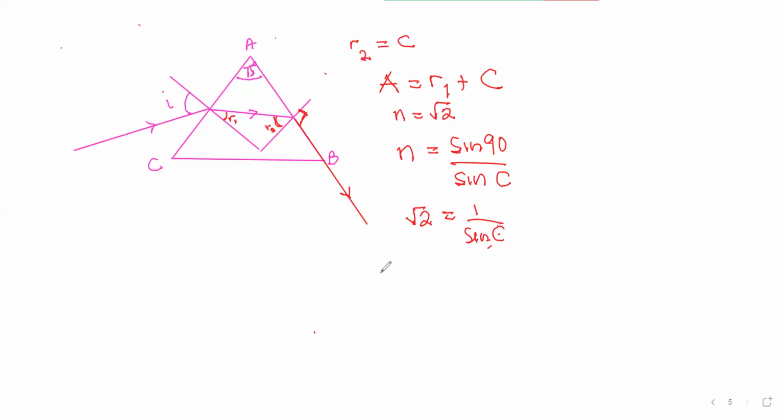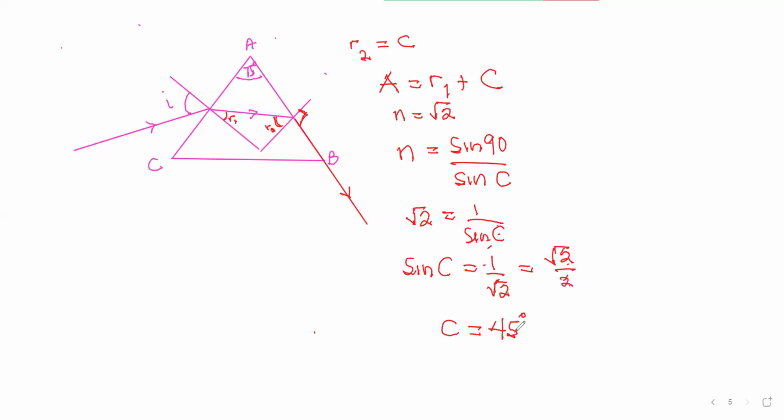So help me find C. Help me find the value of C. So sine C is equal to 1 over root 2, which is the same as root 2 on 2. Therefore, C is equal to, is that 45 degrees? Is that 45 degrees? Yes, please. Good.